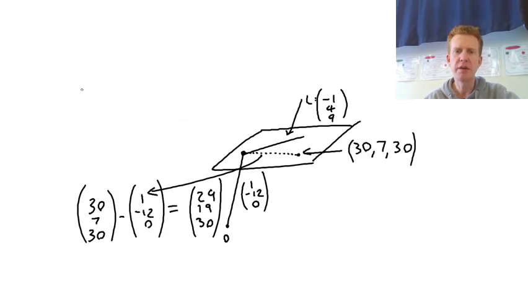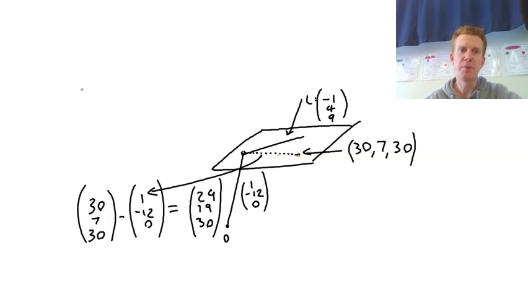So what I need to do here is calculate the direction of two non-parallel vectors within the plane and also a particular point on the plane. The working here comes from finding the direction of that dotted line. As (7, 3, 0) is the position vector of this point, and (1, -12, 0) is the position vector of this point, if I do a subtraction, this gives me (29, 19, 30), and this is the direction of the dotted line that lies within the plane.